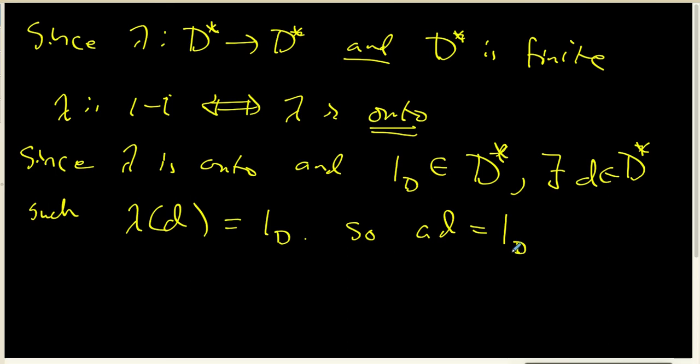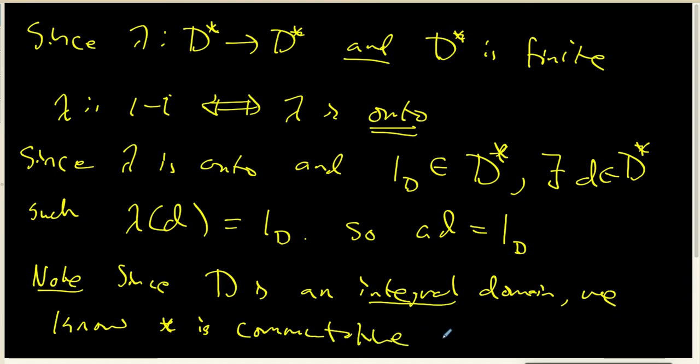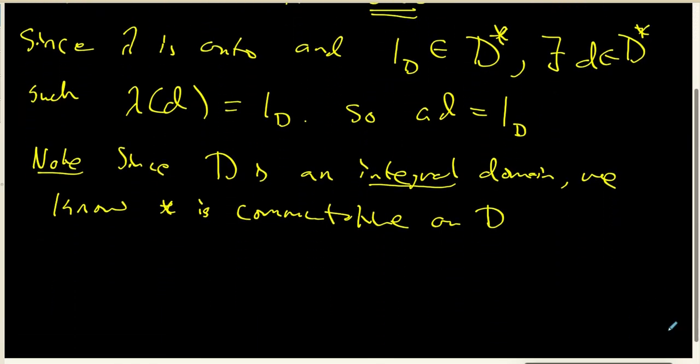And the final thing that we want to do is we want to note that since D is an integral domain, not just any kind of a domain, but an integral domain, we know that star is commutative in our domain D. And so what does that say?